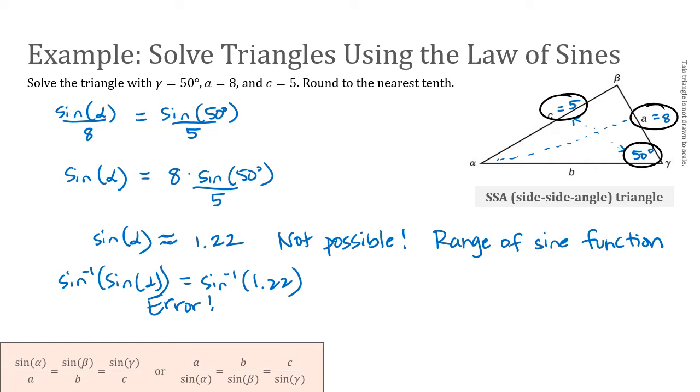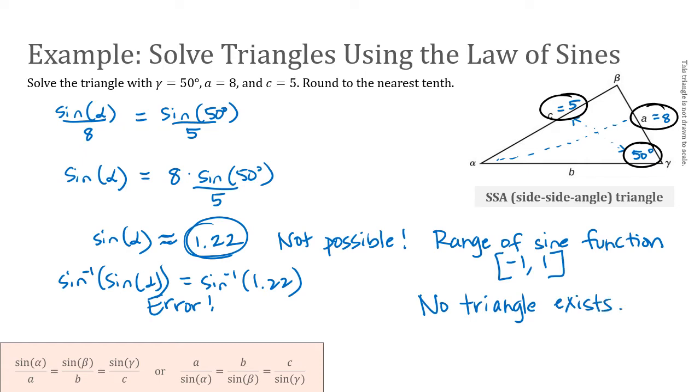The range of the sine function is from -1 to 1. Can't be any smaller than -1, and it can't be any larger than 1. So having an output that's larger than 1, that's what's causing the problem. And we say that in this situation, no triangle exists.